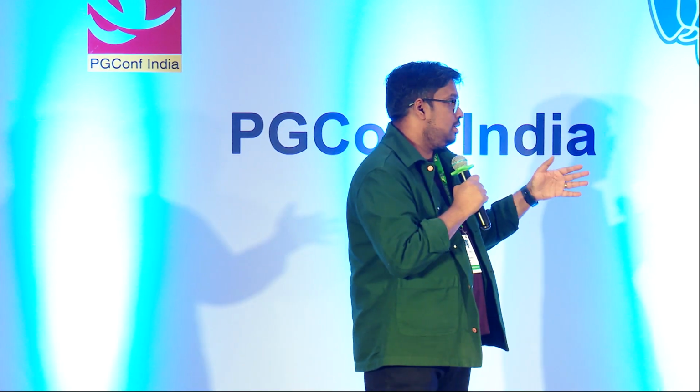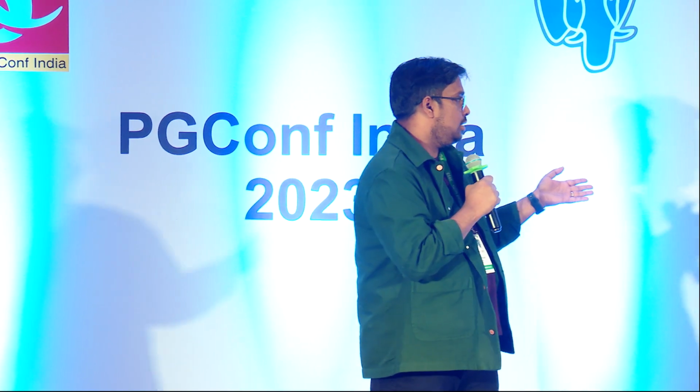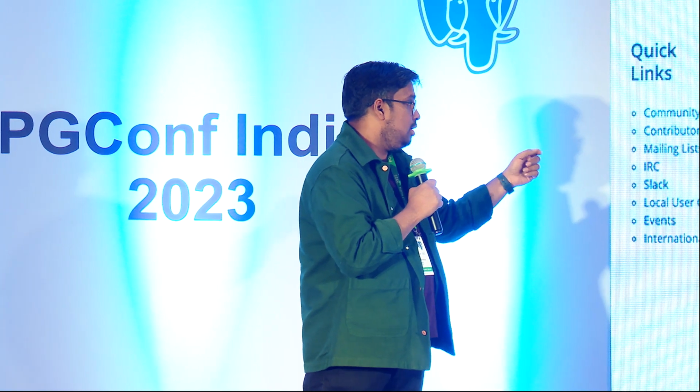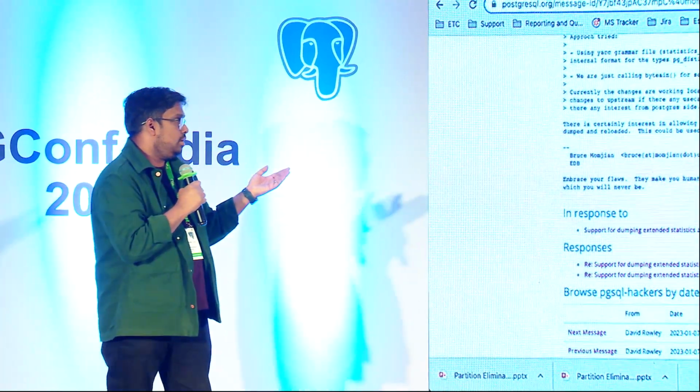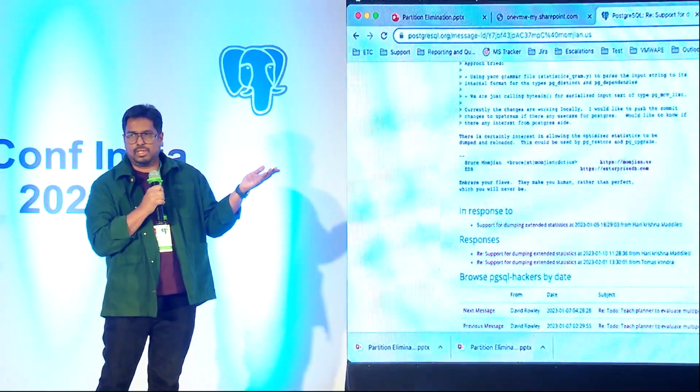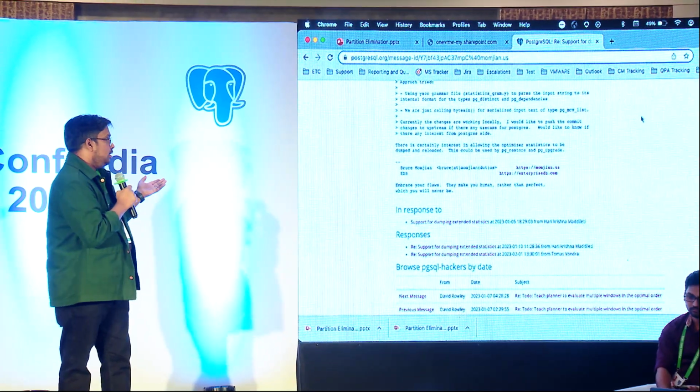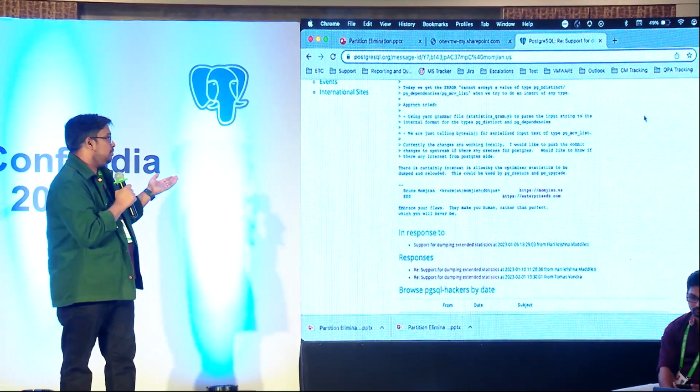All right. There are some Postgres threads. If Hari, you switch to the third tab. Here we've started discussions on how to include or dump extended stats, so that you can have them imported for utilities like pg_upgrade and pg_restore, for example.